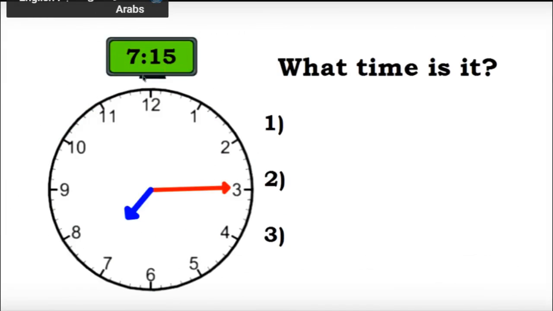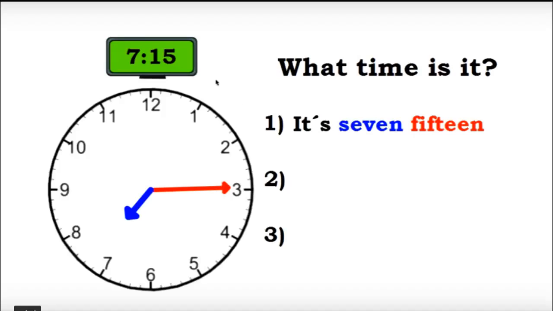Okay, so let's practice. For this time, we have 3 different ways to say the time. So, what time is it? The basic way is to say the hour and the minute. It's 7:15.